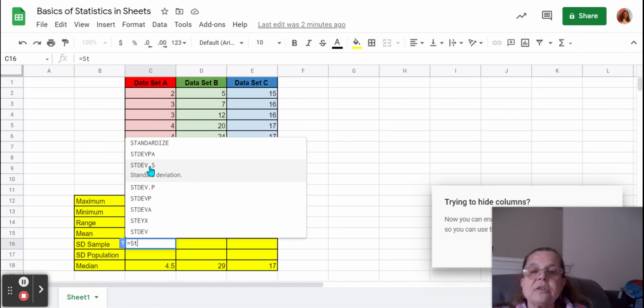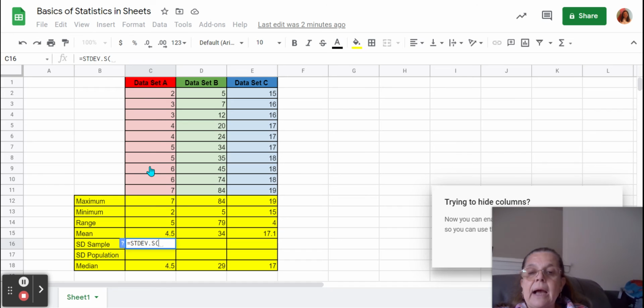Most times we're just going to look at the sample size because that's all we will have access to. I hit that, take the first pink value to the last pink value for data set A, close off the parentheses, hit equal. I could then drag the formula all the way across.